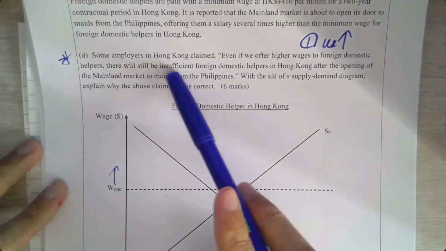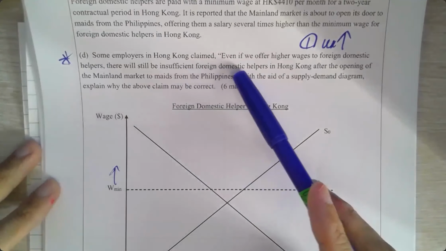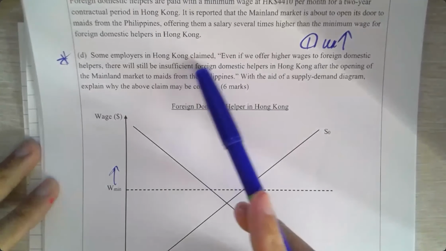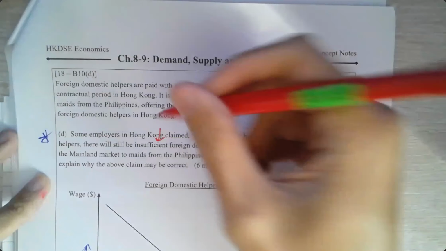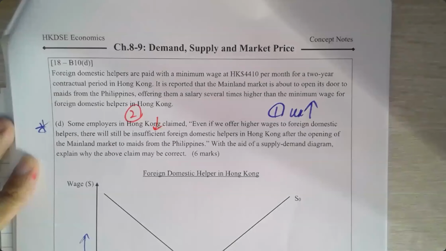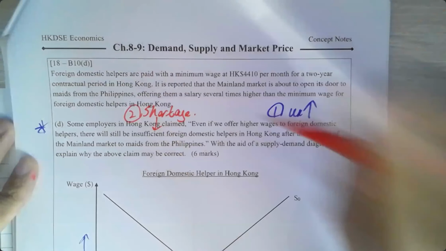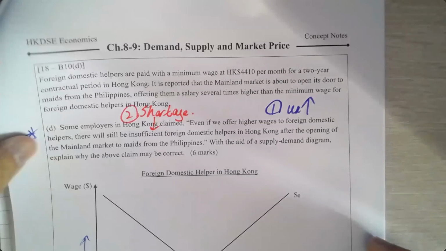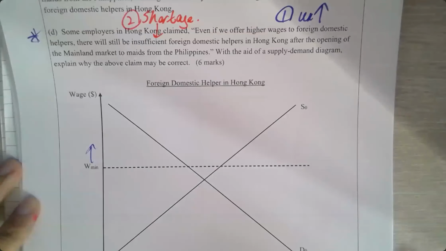There will still be insufficient foreign domestic helpers after the opening. That is the second point: insufficient, which word comes to mind immediately? Shortage. So we need wage to rise, and we need a shortage. With the aid of a supply-demand diagram, explain the above claim.